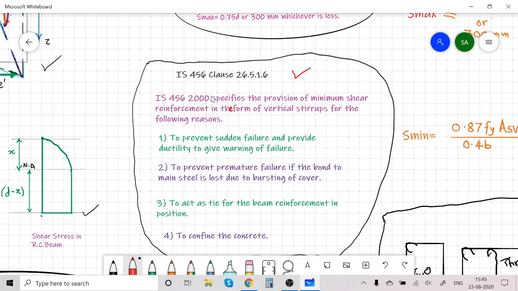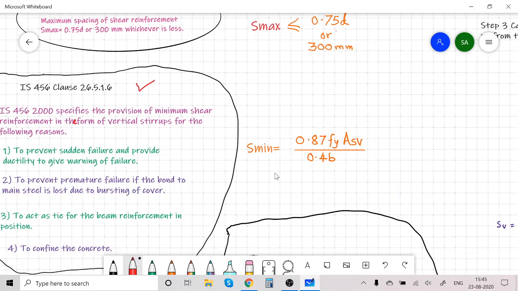Second, to prevent premature failure if the bond to main steel is lost due to bursting of cover. Third, to act as a tie to hold the beam reinforcement in position. And fourth, to confine the concrete.